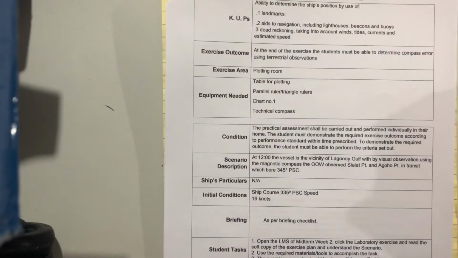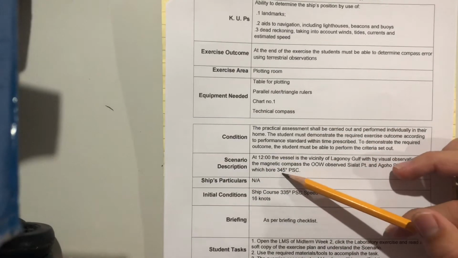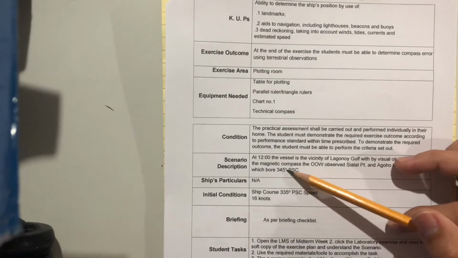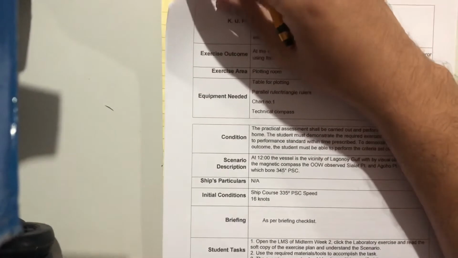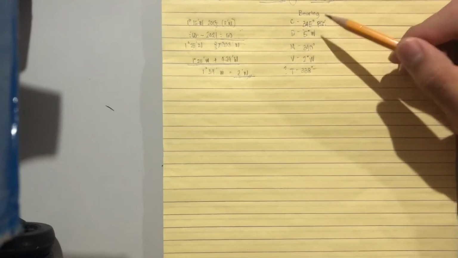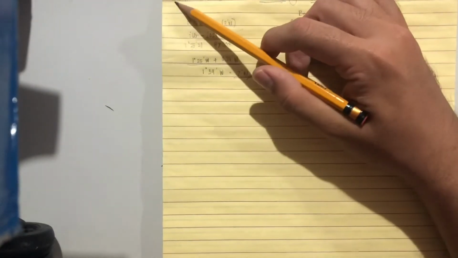So now we're going to get the bearing. In the scenario description, the bearing was already given. The given bearing was 345 degrees per standard compass, and I just transferred it in here. Basically, I don't have a chart or a deviation table, but I searched for it online.